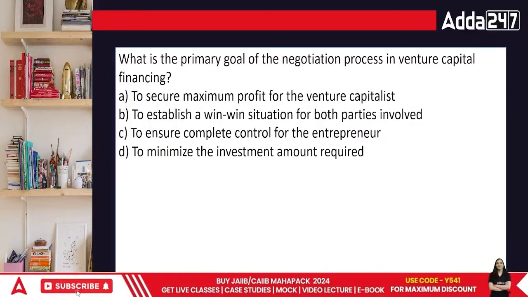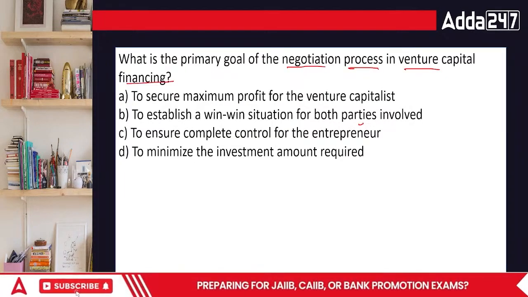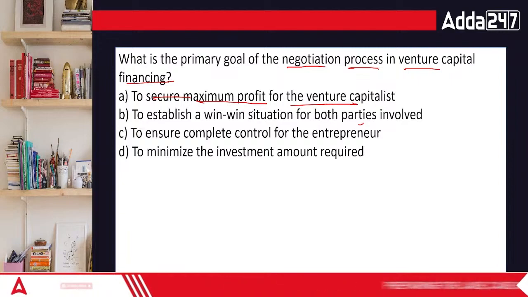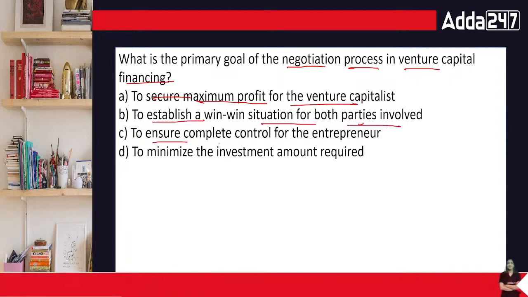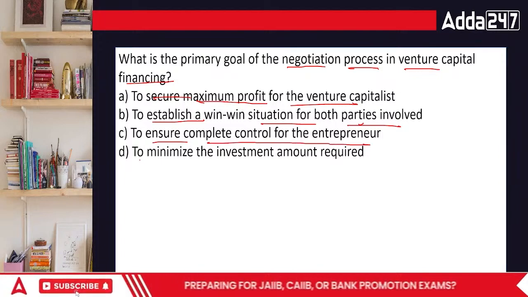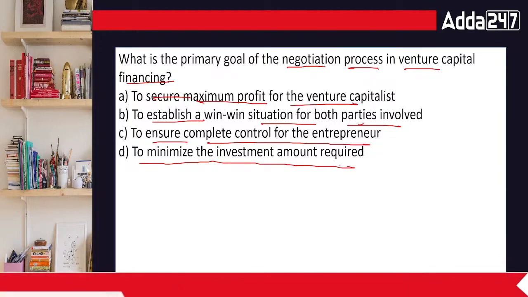Now comes the question: what is the primary goal of the negotiation process in venture capital financing? To secure maximum profits in venture capital, to establish a win-win situation for both the parties, to ensure complete control of the entrepreneur, or to minimize the investment amount required. The venture capital is always looking forward to that organization growing further.